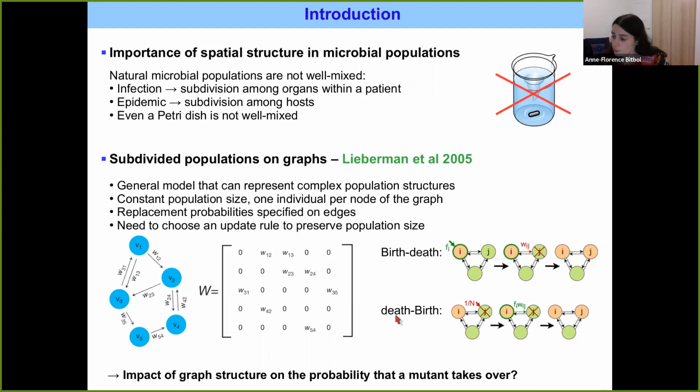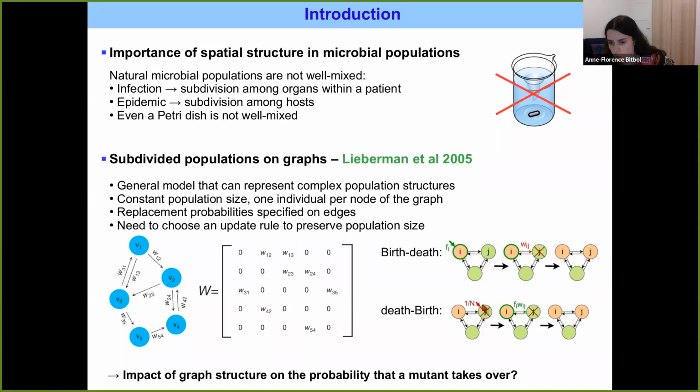You may make alternative choices. For instance, here I'm showing this death-birth case, in which case, instead of first choosing the individual that divides, we first choose the individual that dies. And so here you may choose this J to die. And because there is no difference of fitness at death, the choice is made completely uniformly. And so here the probability to choose J is 1/n, where n is the size, here n is 3.